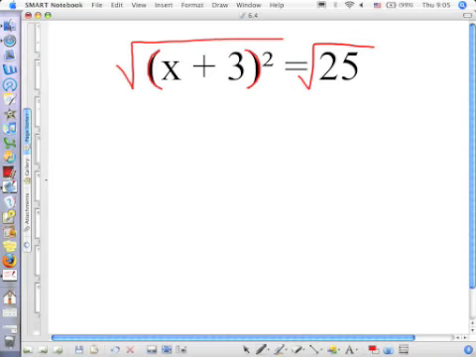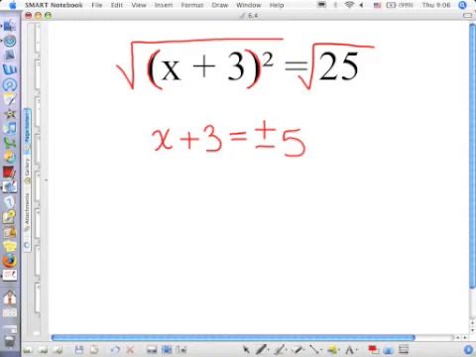Just like the last slide, when I do that, what happens to the square root and the square? They go away, and you're simply left with x plus 3. Now I took the square root of both sides, so automatically, what do I have to show? Plus or minus 5.